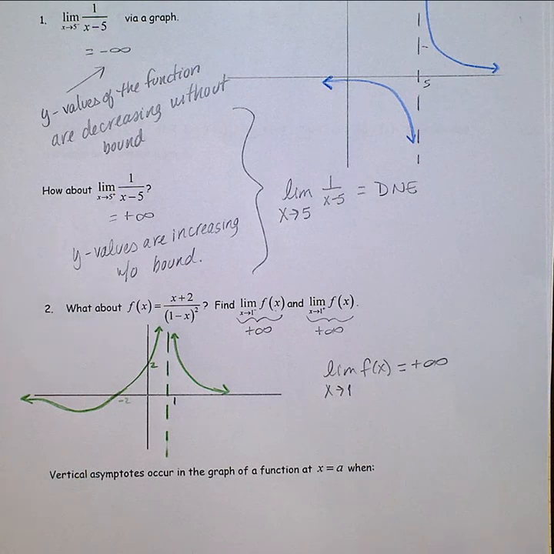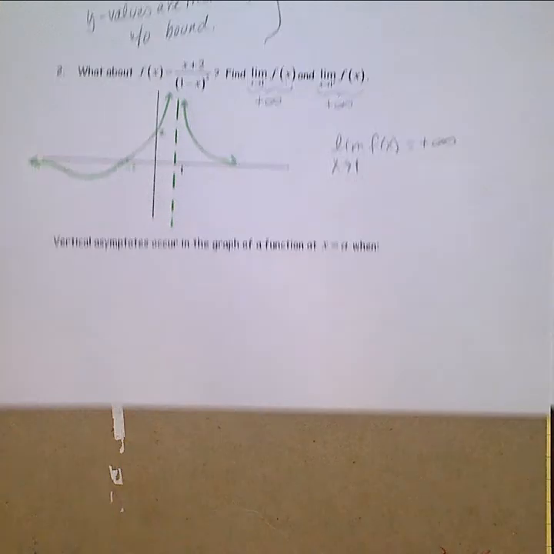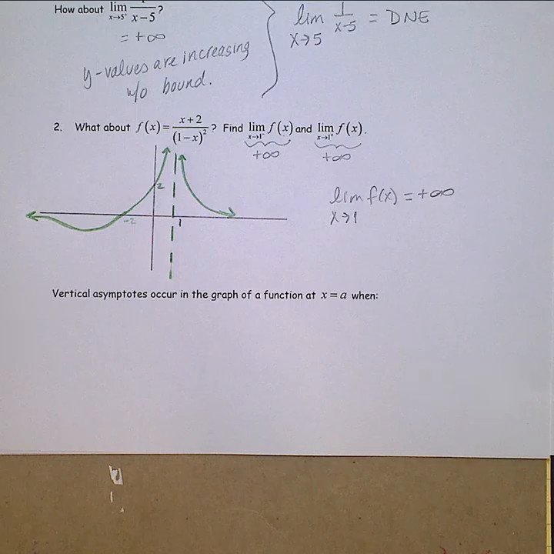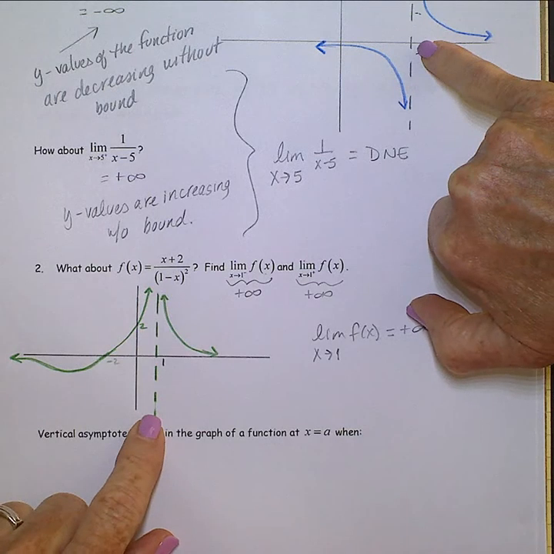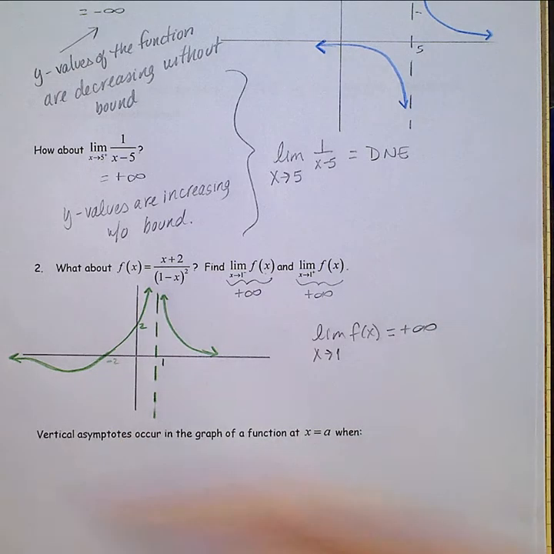Okay? All right, now, looking back at these last two problems, vertical asymptotes here and here. Notice the limit information that's there.